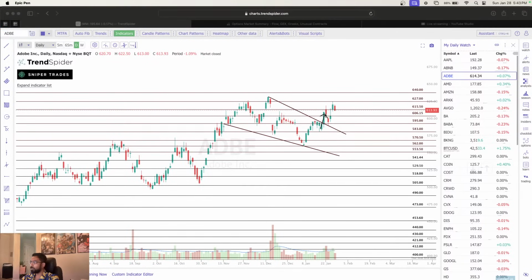This was the peekaboo setup that I talked about. The next day it went higher, but then after that it went lower, and now see where exactly it retested, right? It retested that trend line which was broken as support, and then it just shot up towards our price target at 627, right?